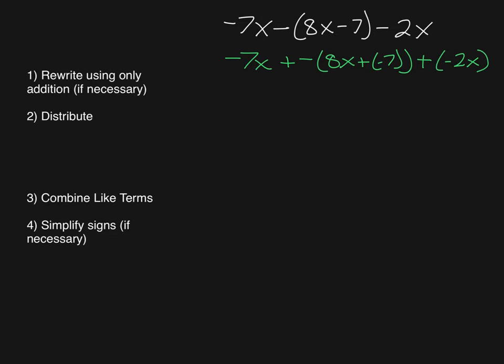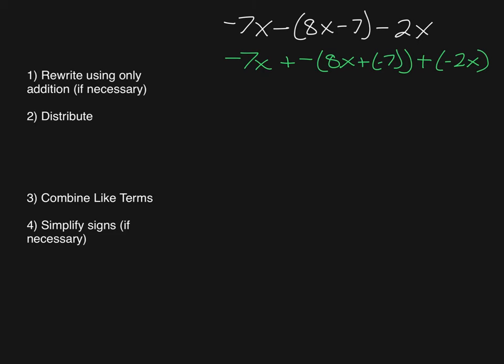This is a complicated problem here because we had to change this minus to plus a negative, and this whole parentheses becomes negative here, right? Minus to a plus, so this has to become negative, and then we changed this minus to a plus, so this 7 had to become negative. And same thing here, minus to a plus, 2x becomes negative 2x.